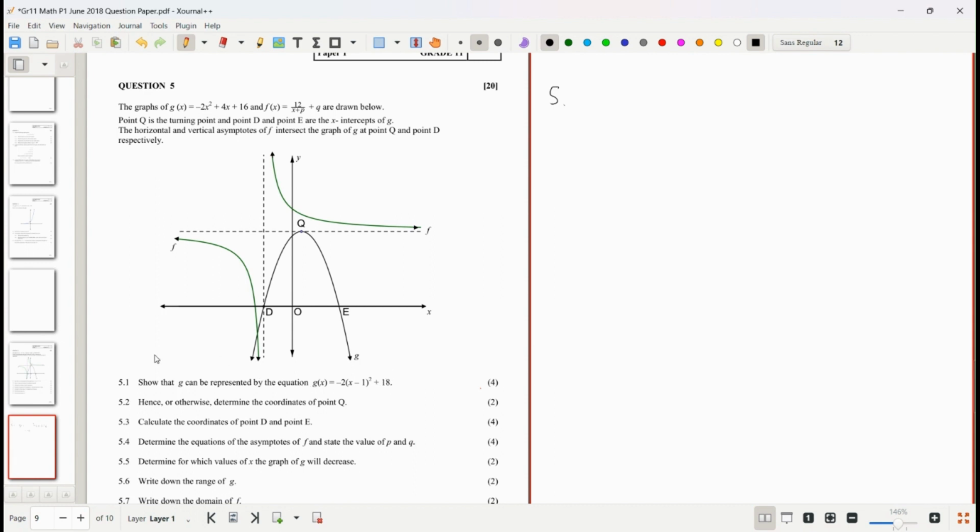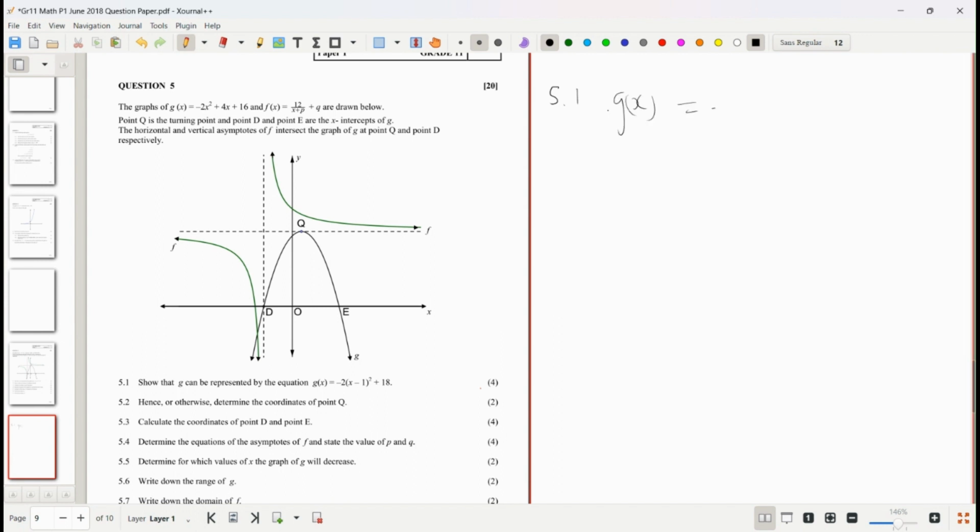So what you need to do here, you need to copy this equation here, and then after copying the equation, you need to complete the square to get it into this form here, right? So let's first write this equation that we're given. Sorry, it's g of x.